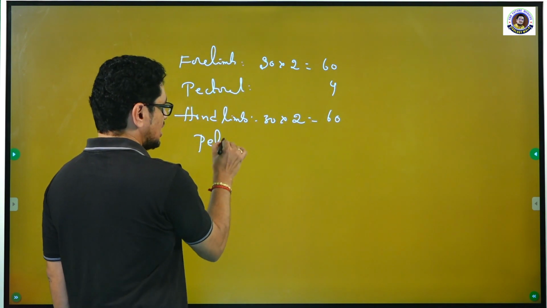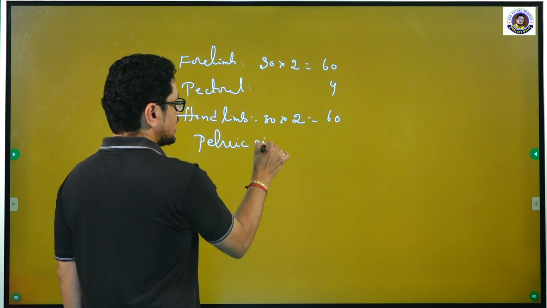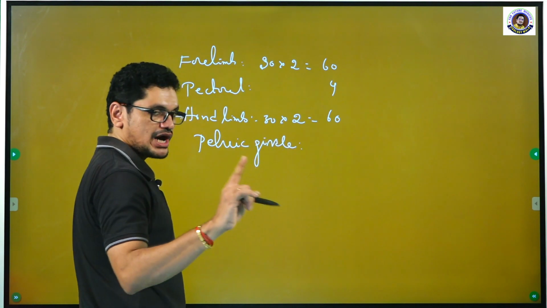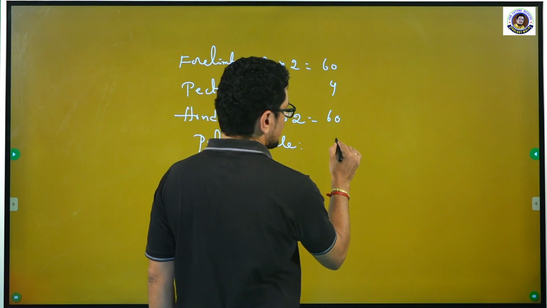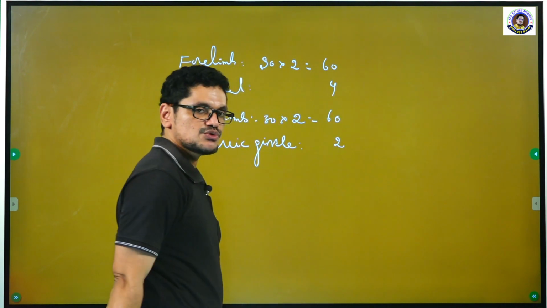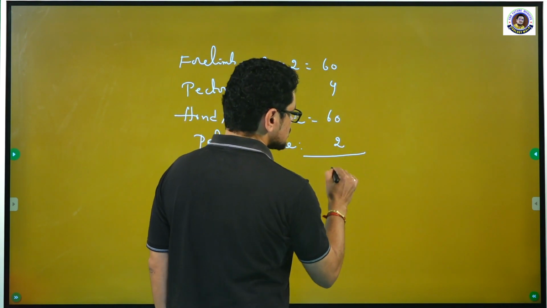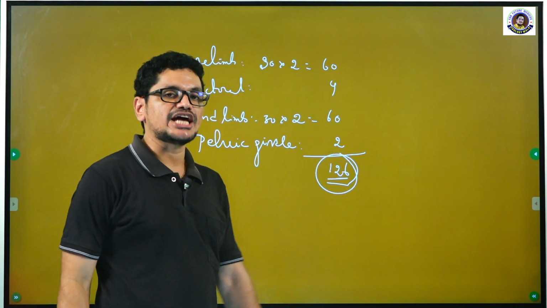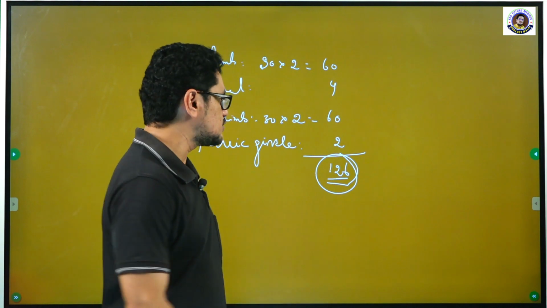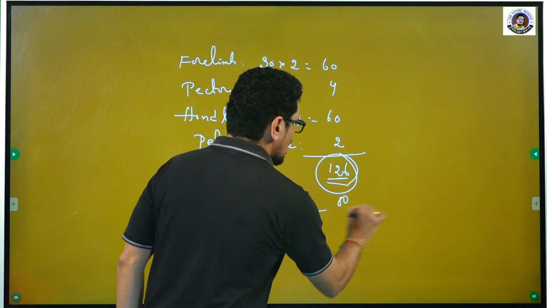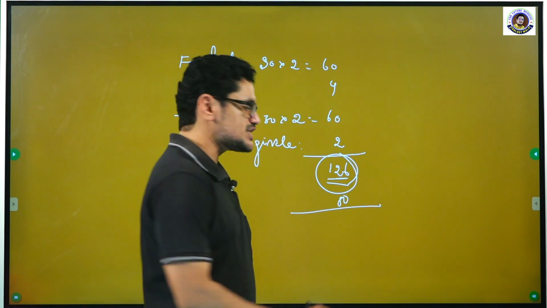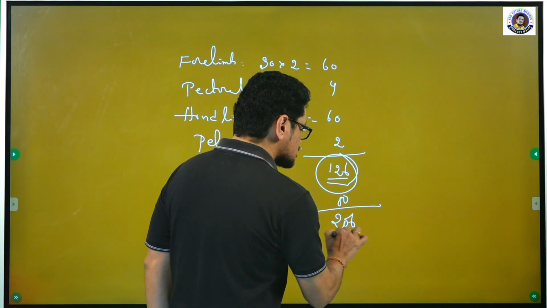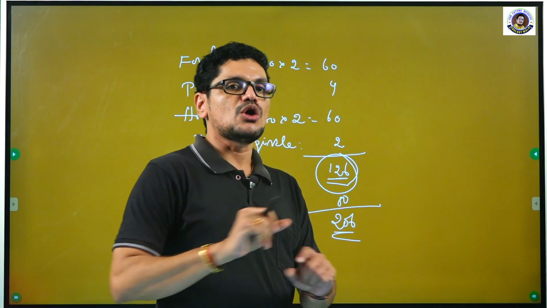And the pelvic girdle, ilium, ischium, pubis combined to form 1, total 2. So 60 plus 60, 120, 124 plus 2, 126 bones. In the previous session, I explained that the axial skeleton contains 80 bones, and now the appendicular skeleton 126 bones, total 206 bones in the human body.